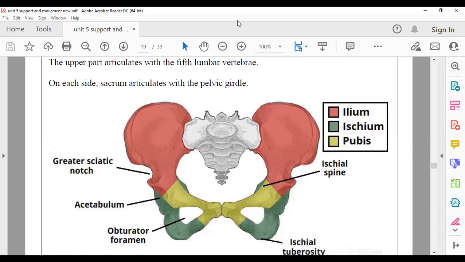You can call it by the name hip. Okay. In making the pelvic girdle, sacrum plays a role. So this is the sacrum. So sacrum plays a role in making the pelvic girdle.